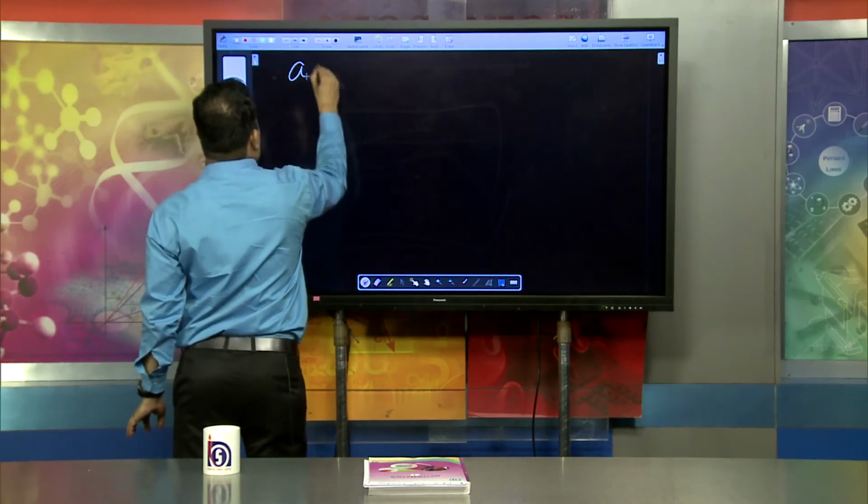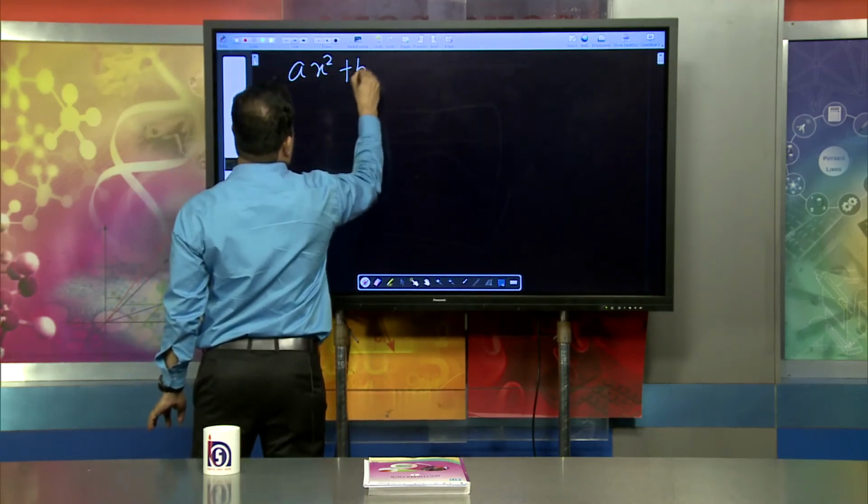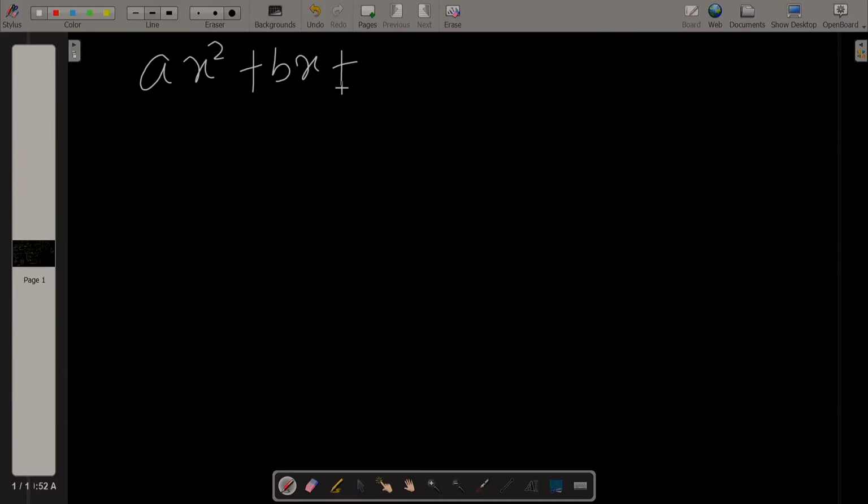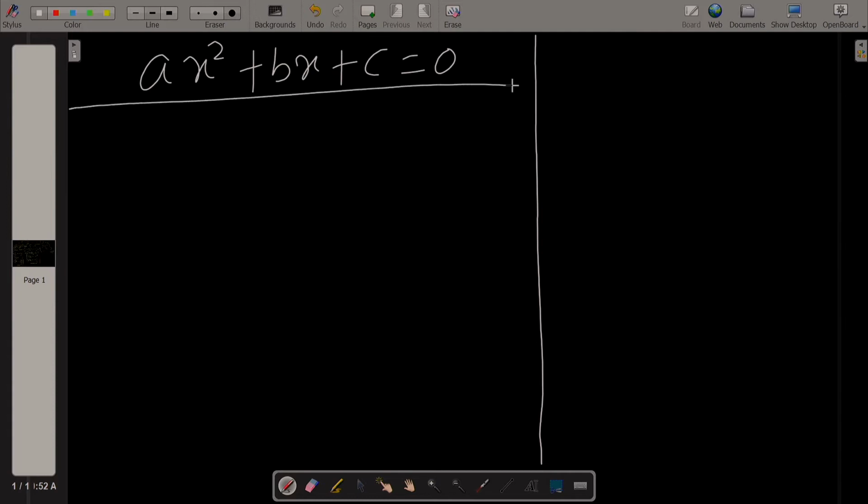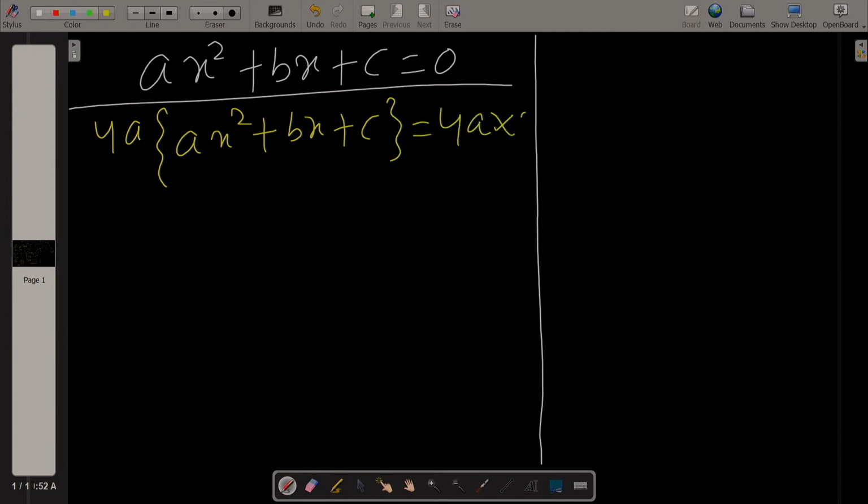You already know that the standard form of a quadratic equation is ax square plus bx plus c equal to 0. Suppose I multiply 4a in the equation ax square plus bx plus c equal to 0, that is, 4a into 0.